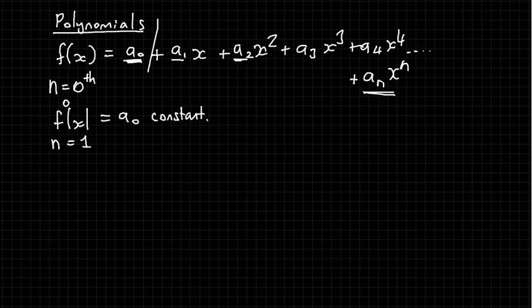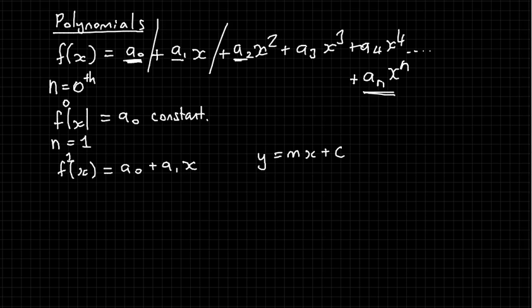And so we chop it off here. It's f of x, and this is the first one: a0 plus a1 x. And this is just a linear function. More commonly you've seen this as y equals mx plus c.